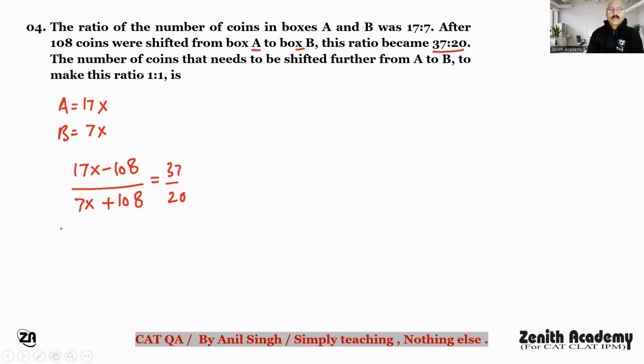Further, the number of coins that need to be shifted from A to B so that the ratio becomes 1:1 means if I take 17x minus 108 minus y, where y is the number of coins shifted from box A to box B, then it becomes 1:1.